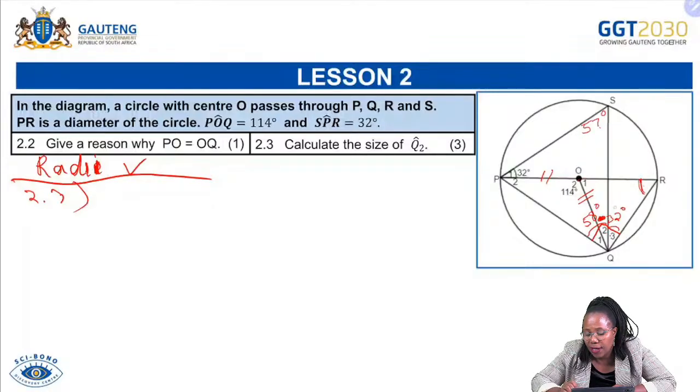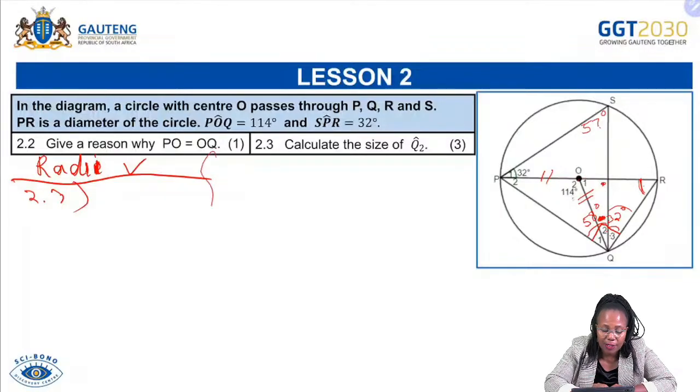And then if you add this one and that one, that is the exterior angle there, okay? And then this exterior angle added to that one is 114 degrees. Can you see that? So we are going to start by saying angle R is equal to angle S, which is equal to 57 degrees. Angles in the same segment.